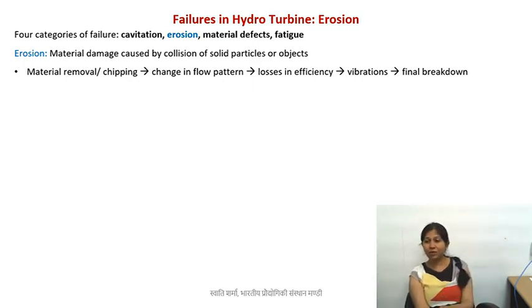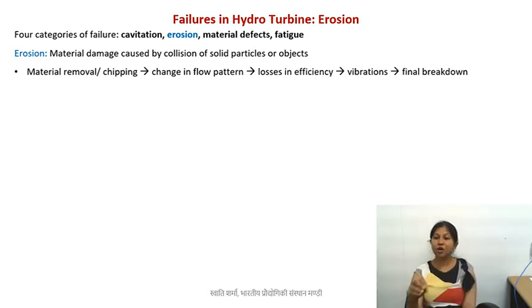Now, coming back to the hydro turbine blade, what happens? Is it just surface damage, or can erosion really lead to the overall breakdown of your turbine system? So what does erosion do? It removes some material. In the case of a hydro turbine, you sometimes will see damaged blades for which a huge part of the blade came off as a result of erosion.